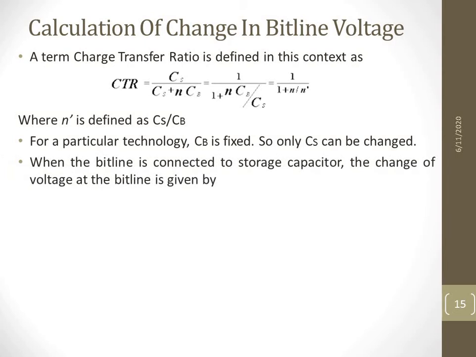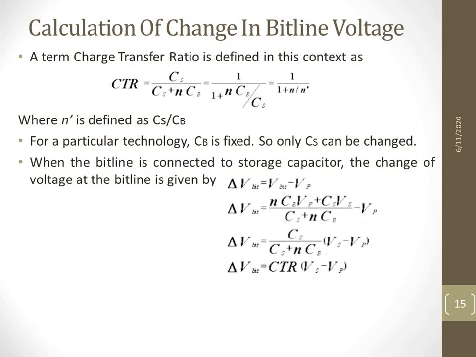When the bit line is connected to the storage capacitor, the change of the voltage at the bit line is given by delta V bit equals CS by (CS plus N CB) into (Vs minus Vp).